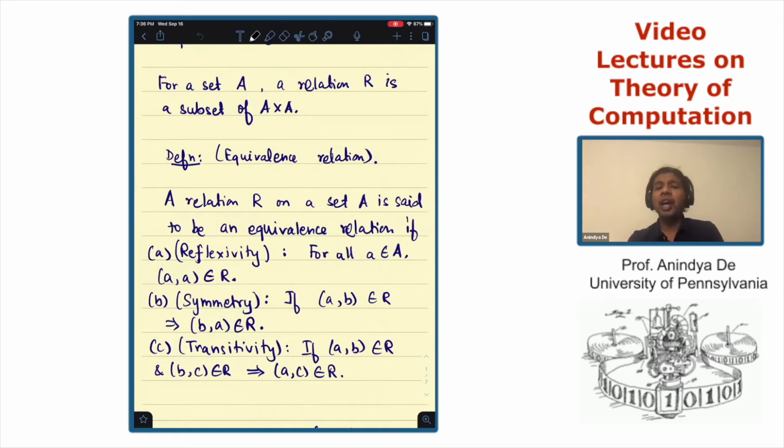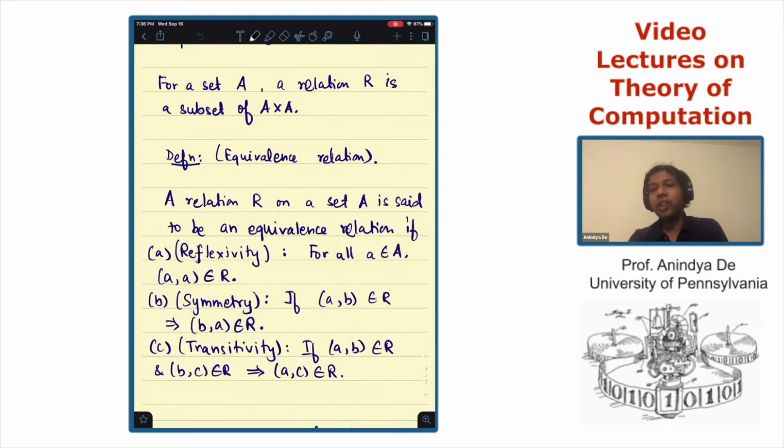And the third axiom is the axiom of transitivity, which says that if a comma b is an element of R and b comma c is an element of R, then a comma c is also an element of R. So that finishes the definition of an equivalence relation.